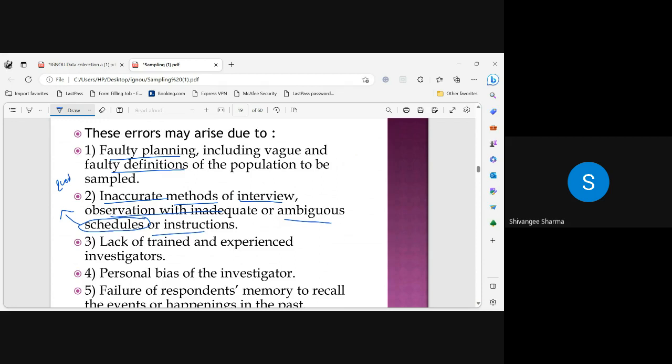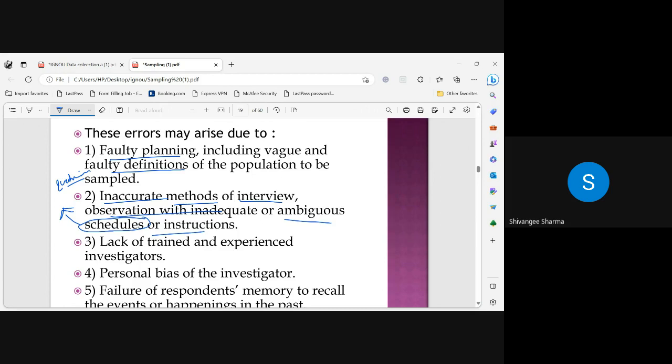A schedule is also a type of questionnaire, but it is used when the respondent is unable to fill the questionnaire on their own. So schedules are generally filled by the researchers by taking answers from the respondents.